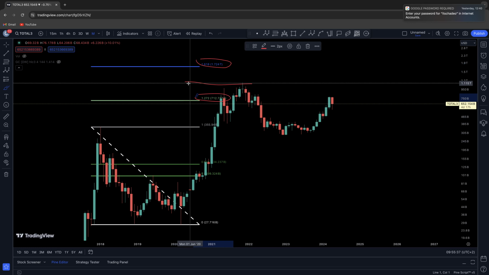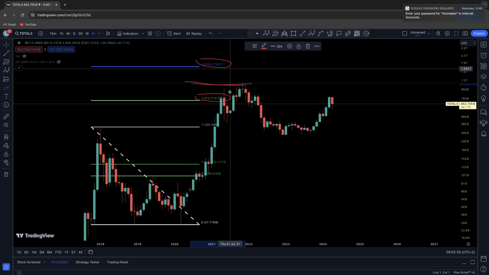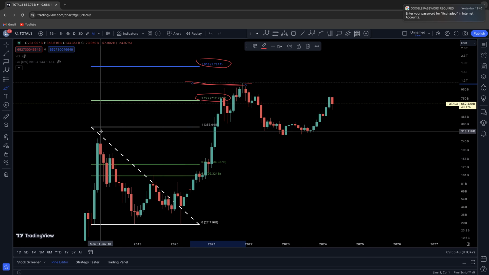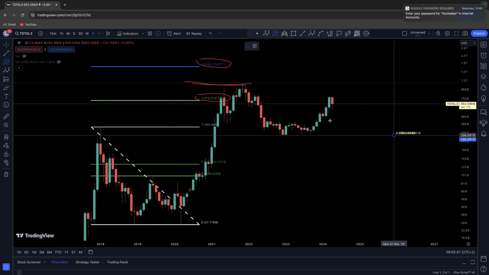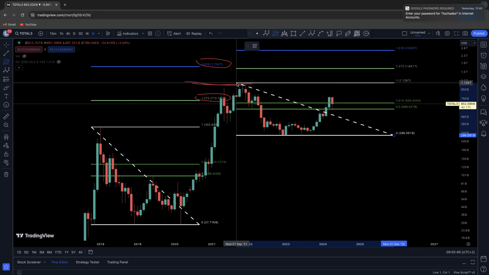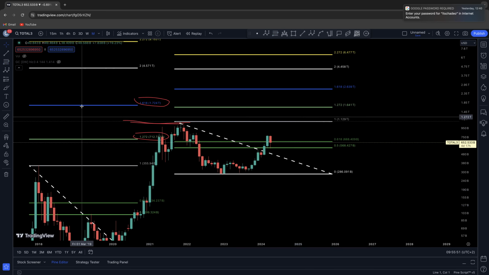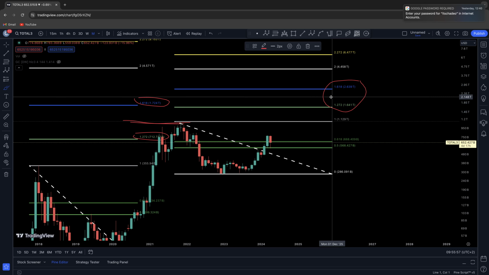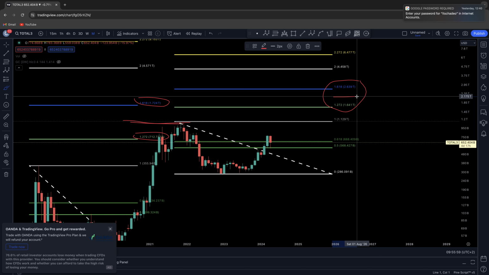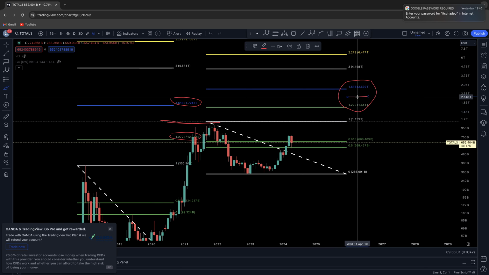So we topped out halfway between this range, between the 1.272 and the 1.618. So if we get another fib on from this bear market low retracing to this bull market high, we could get a rough estimation and say, well, if we start to top out between the 1.272 and the 1.618, we could be looking at a $2 trillion market cap for the TOTAL3 chart.